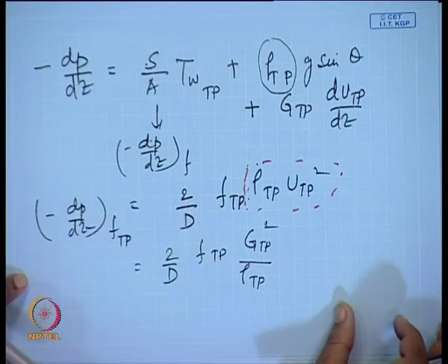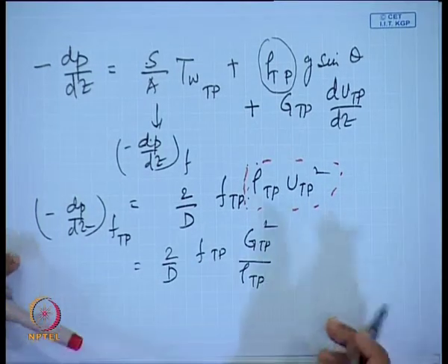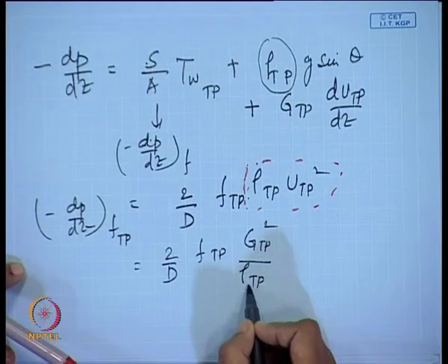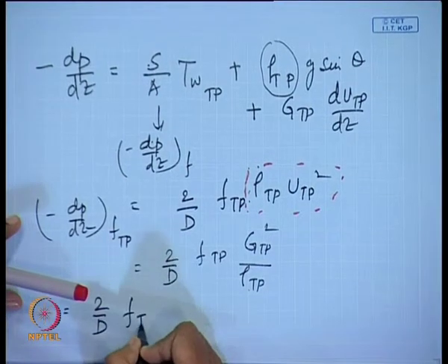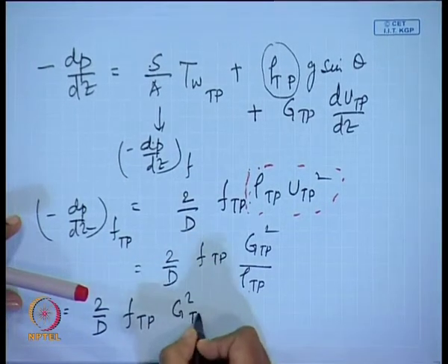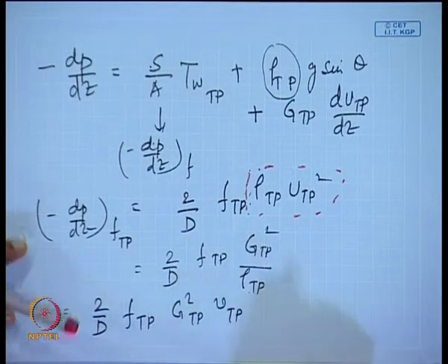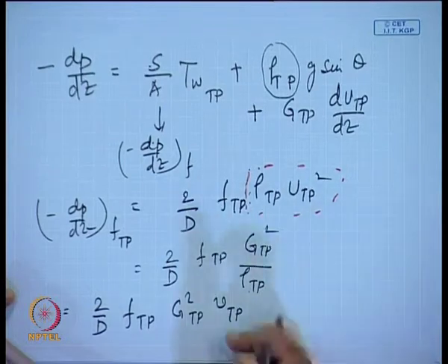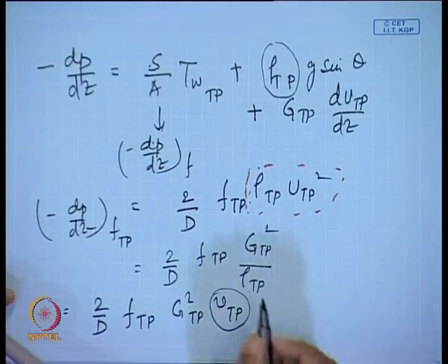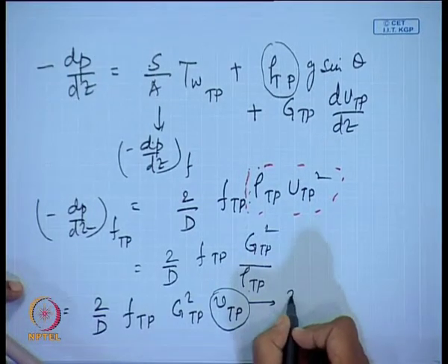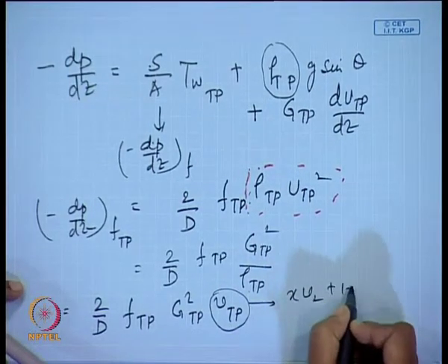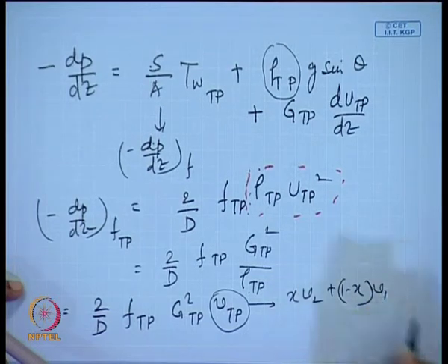Now, as I had already mentioned previously, this 1 by rho TP can also be written down as 2 by d f TP G square, agreed, and this particular term can be defined in terms of quality. Okay. So, this can be expressed in this particular form, agreed.